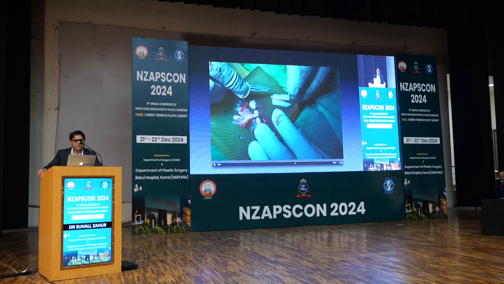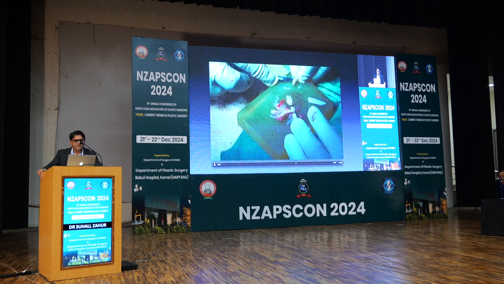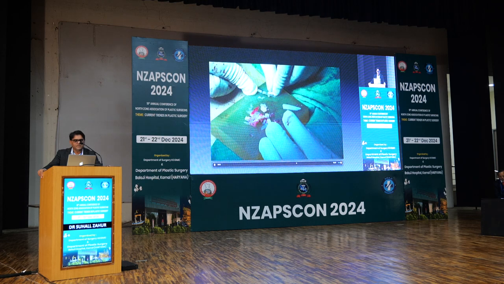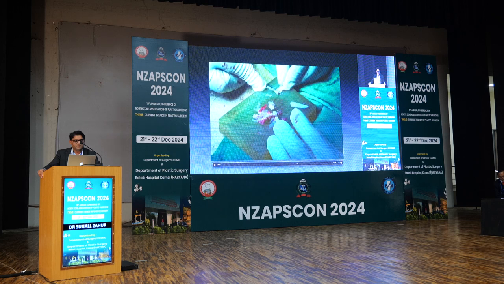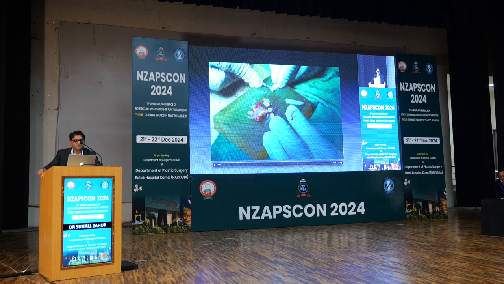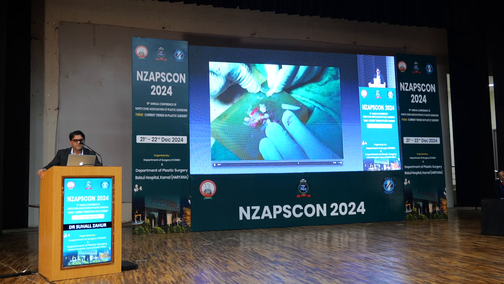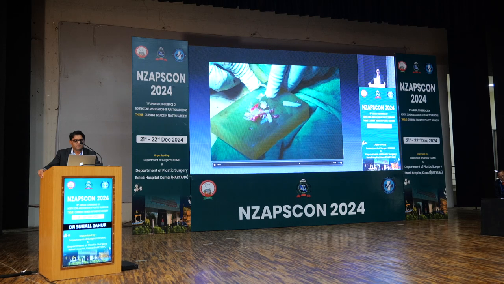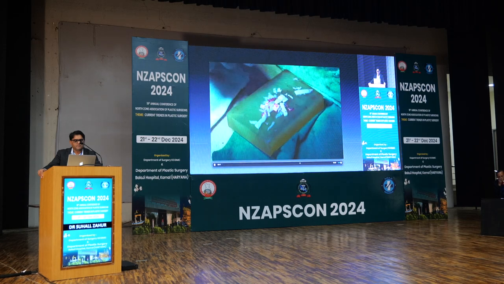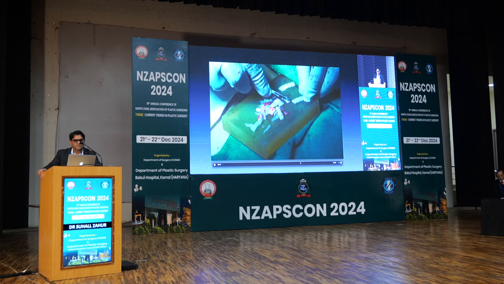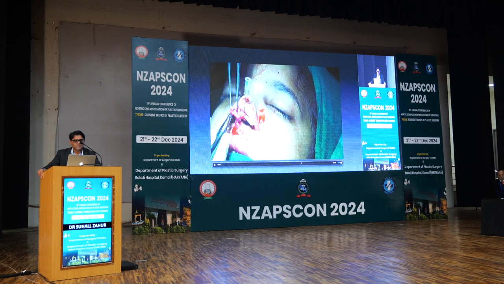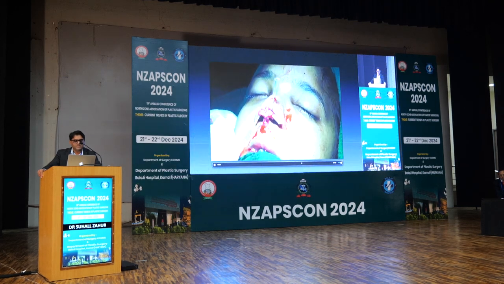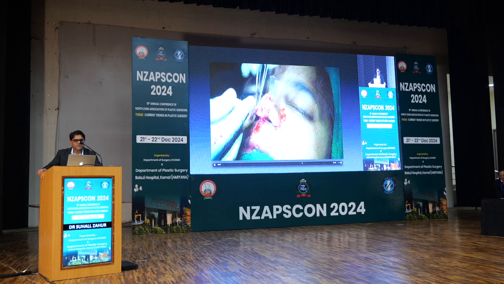The broader part goes laterally and the tapered part goes towards the dome. So now this is the creation of the lateral crura with lateral crural strut grafts.